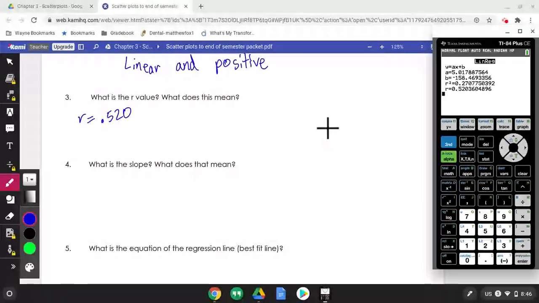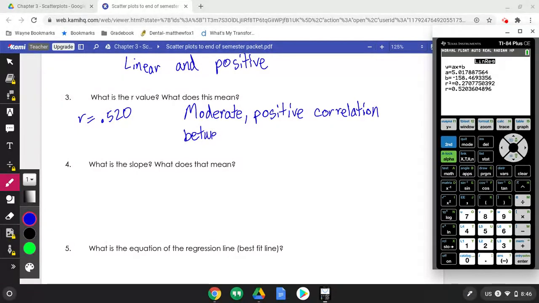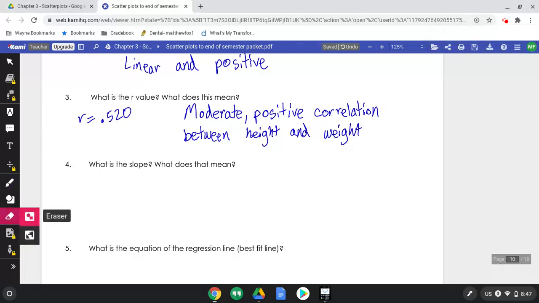It means we have a moderate positive correlation between the height and the weight.